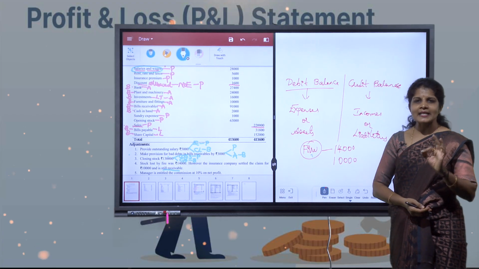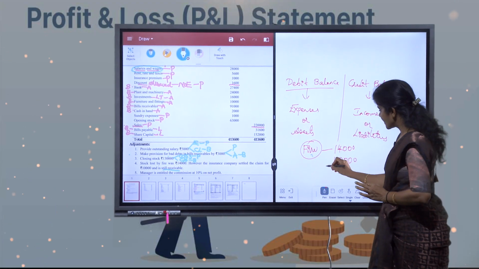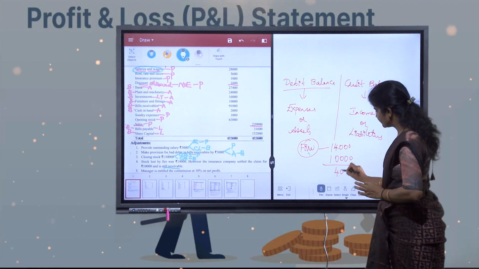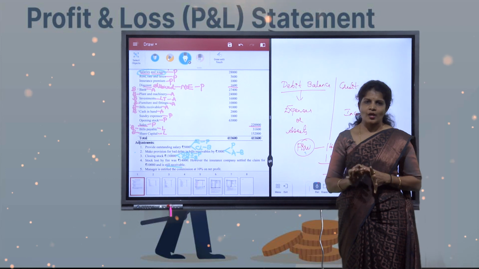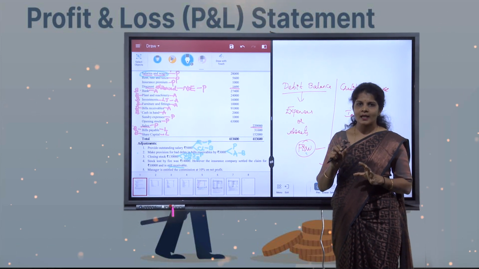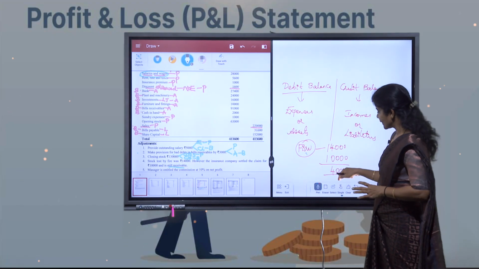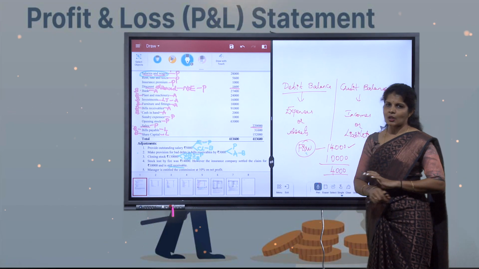So that means the exact loss is how much? The exact loss is 4,000. This 4,000 is the actual loss, not the complete loss. So only 4,000 is the actual loss for the company, but 14,000 worth of goods is lost.